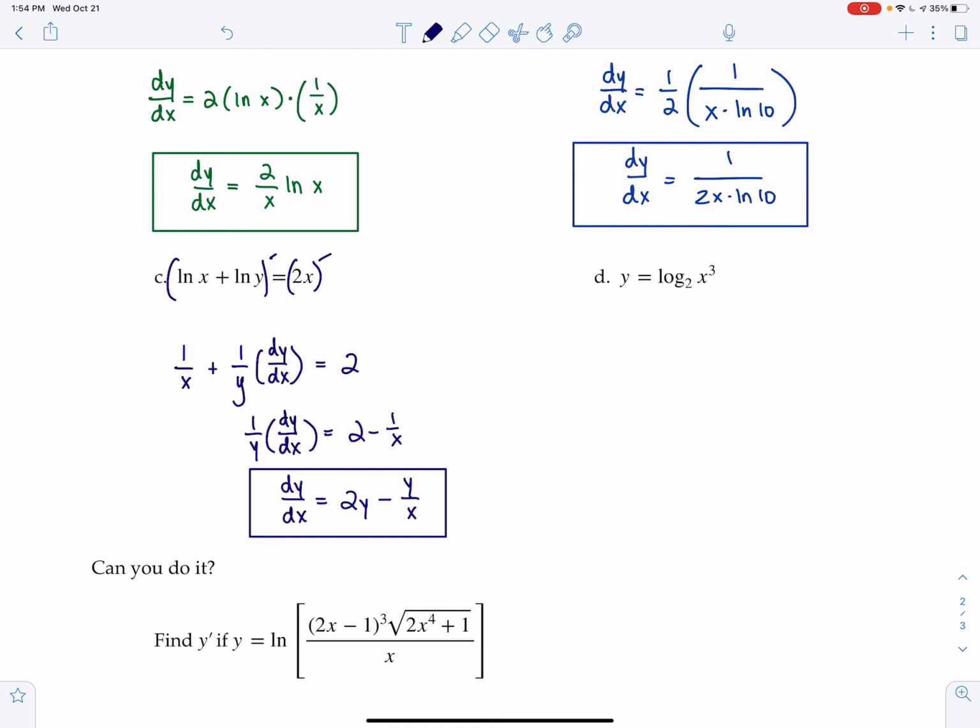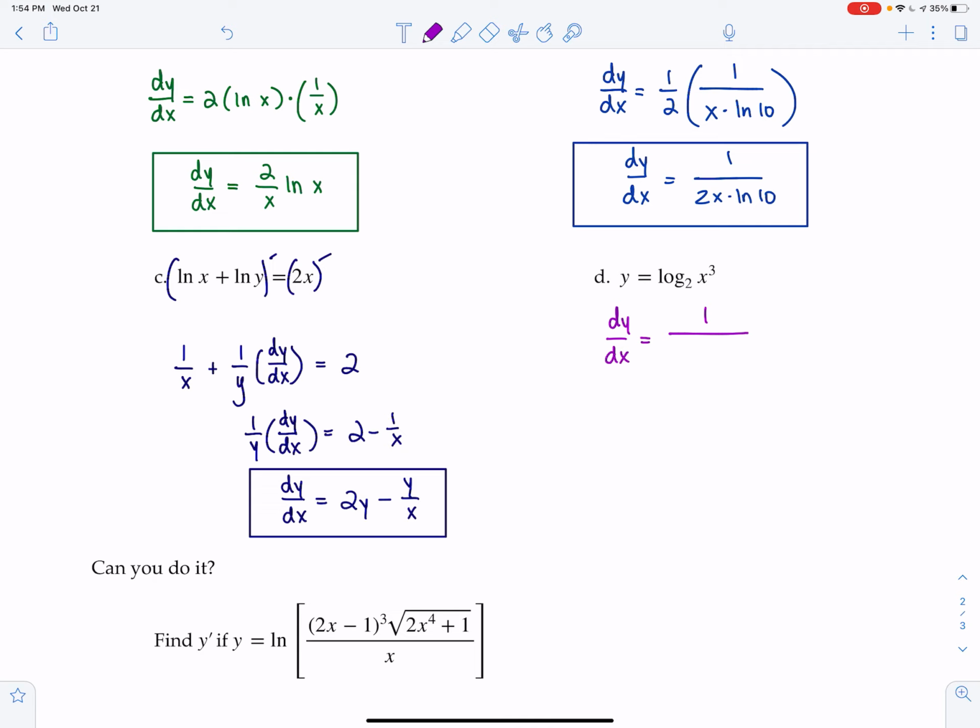All right, and finally, letter D, we are going to take this derivative. So it's a log with base 2. So when I say dy dx, I'm going to use my logarithm rule and say 1 over.